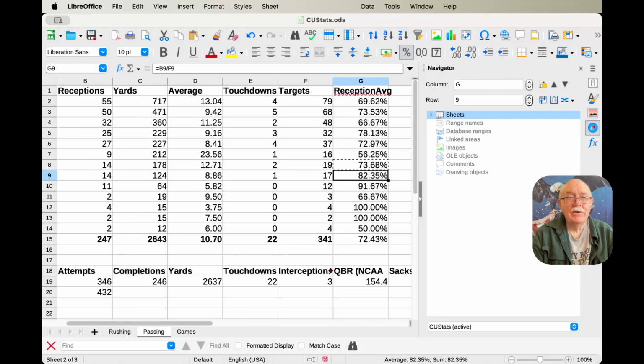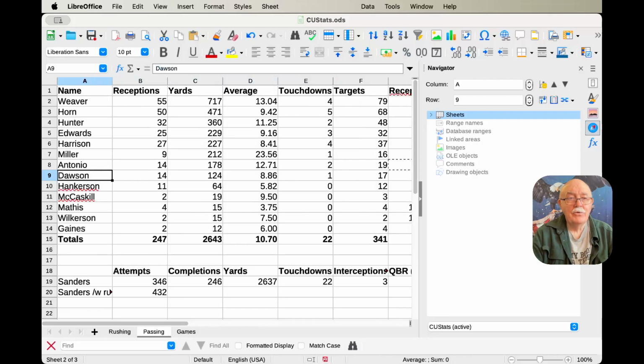Now, I also managed to find some target stats on the passing game. And I wanted to point these out because I've seen some talk on YouTube about Caleb Mathis. Why is he in the game?